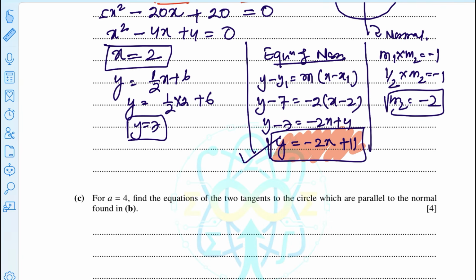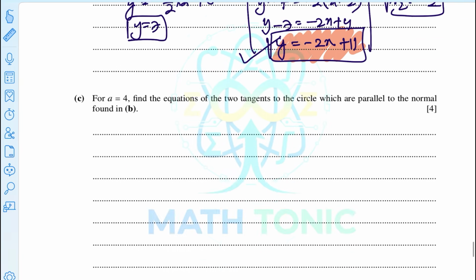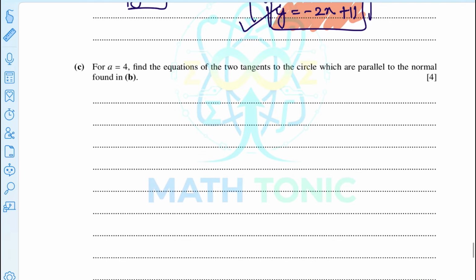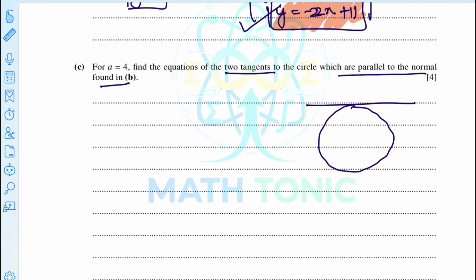Okay. Now part C. For a equals 4, find the equations of the two tangents to the circle which are parallel to the normal found in B. Try to understand this. For example, this is the circle we have, right? Now this is the tangent we had, and this is the normal we had.